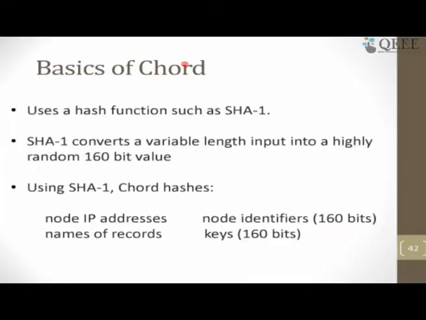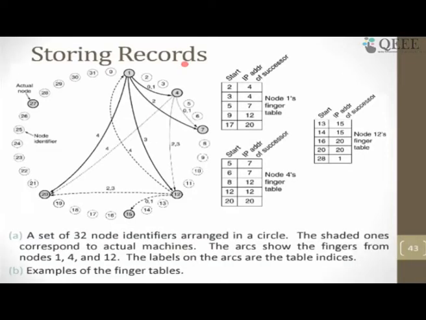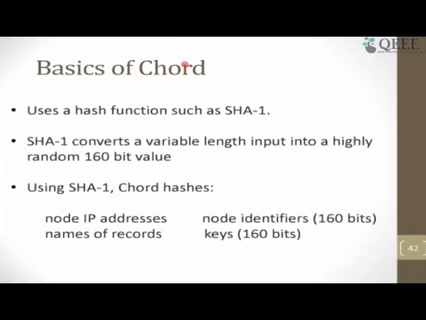So the basics of Chord is that you have an IP address, and you hash that IP address and you get an ID. What hash function are you using? Some SHA1 sort of hash function.